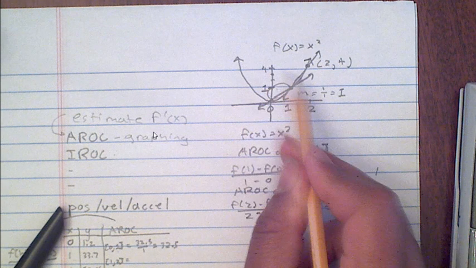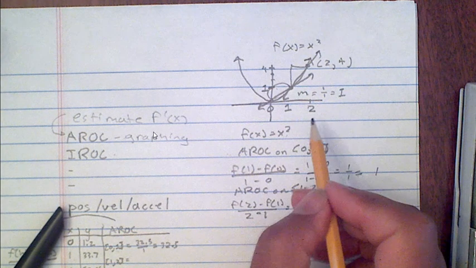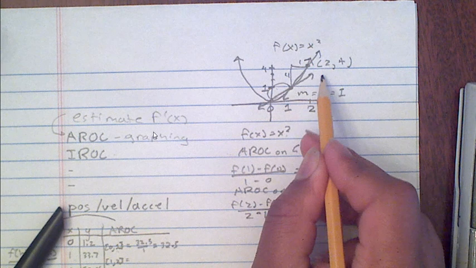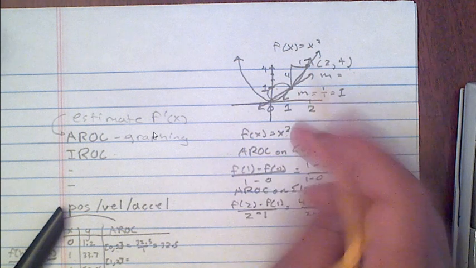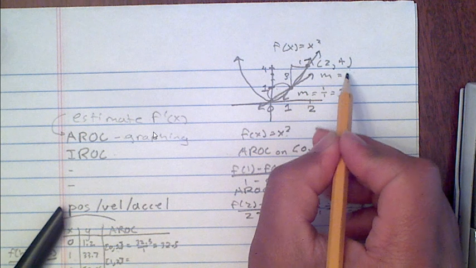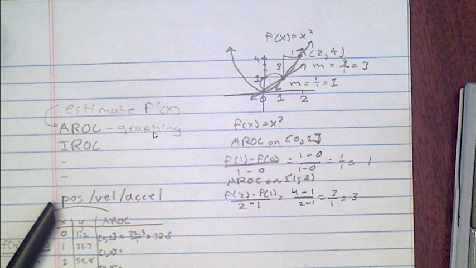So up 4 over 1. The slope of the secant line. And yeah, I'm sorry, that's not up 4, that's up 3. And yeah, you need to know that you can do this graphically too. It's 3 over 1. 3. You just look at the points. Average rate of change is easy, okay?